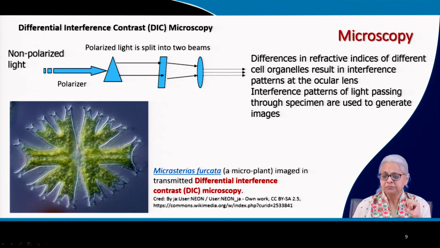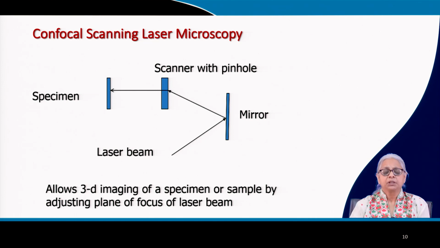And these interference patterns of light will be used to generate these images, and this is one of the outcomes. So this is a microplant cell.